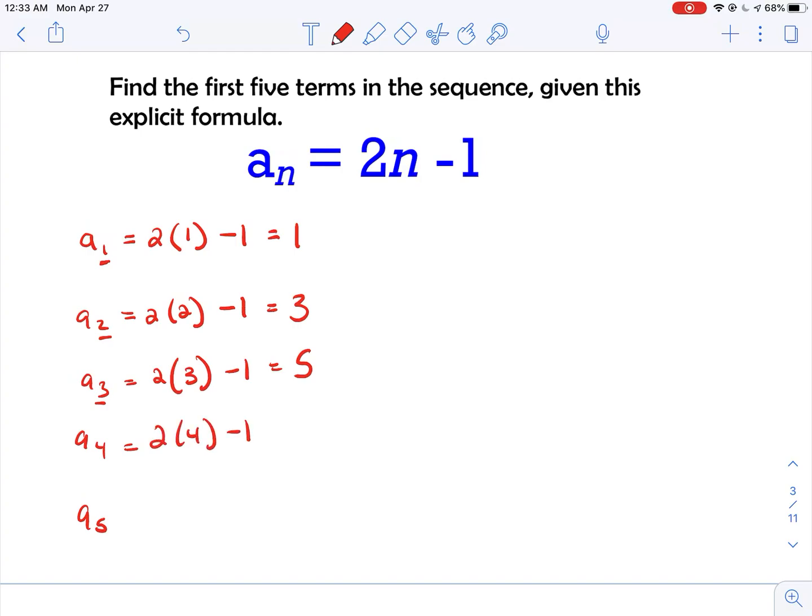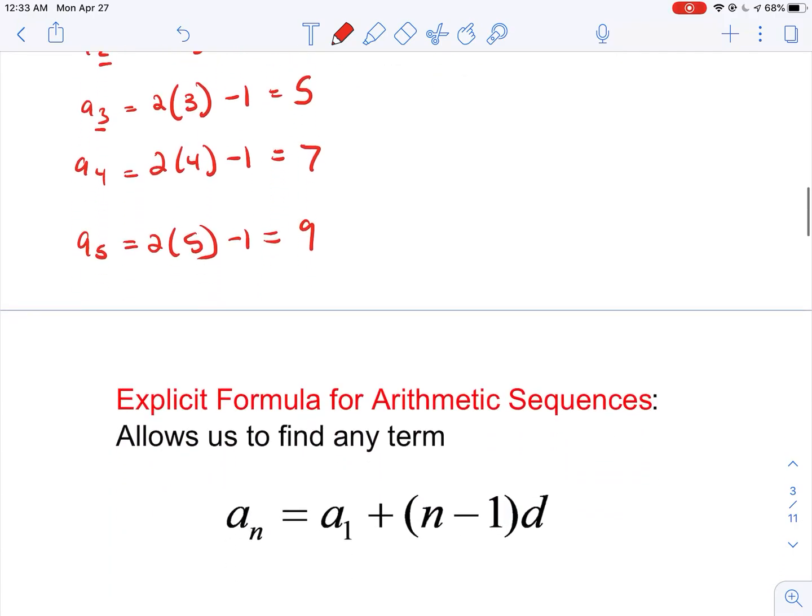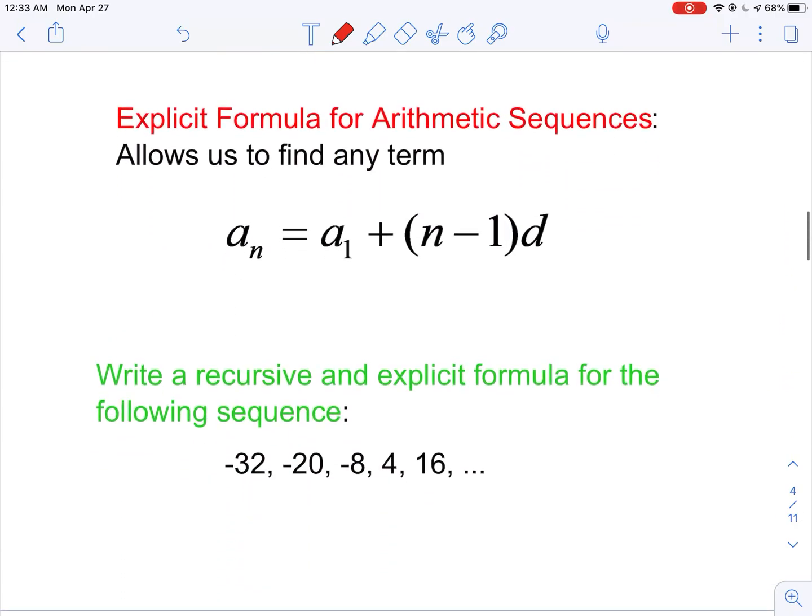That's 6 minus 1 is 5. A4, I'm plugging in 4 for n. That's 8 minus 1 is 7. And A5, I'm plugging in 5 for n. So we are relating the place marker with the variable that we are substituting in. Okay, so that's how these explicit formulas work.